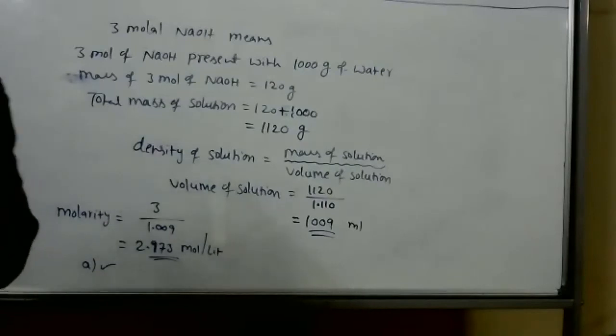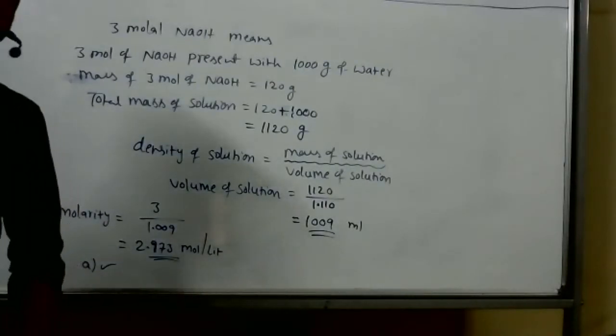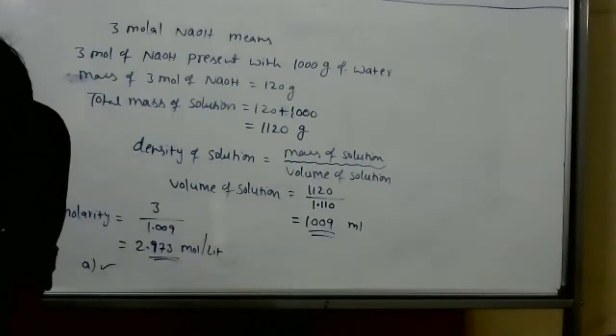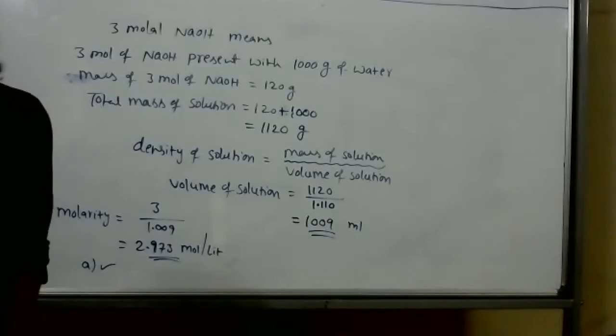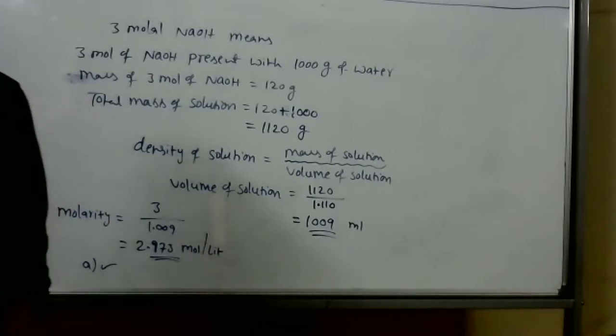Molality is 3, and molarity is also closely that value only. So without seeing the options also we can find the answer. The options are 2.97, 1.67, 3.64, 2.32. So option A is the only correct answer. There is a very small difference between molarity and molality.